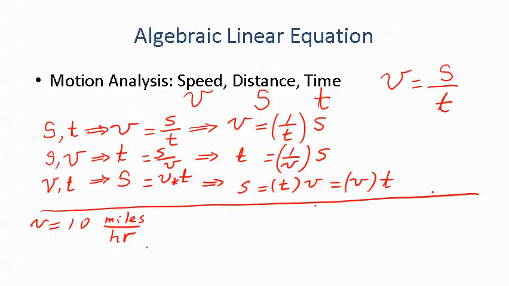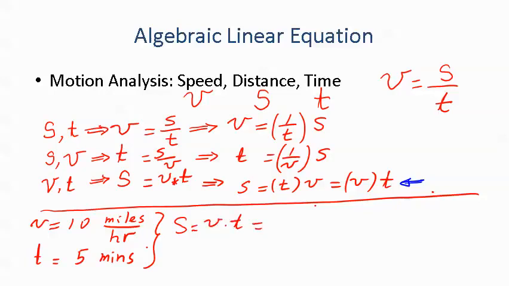And this person is driving the vehicle for 5 minutes. We would like to find out how much distance this person traveled. The equation that we will use will be the third equation. The distance traveled is equal to the speed times the time.